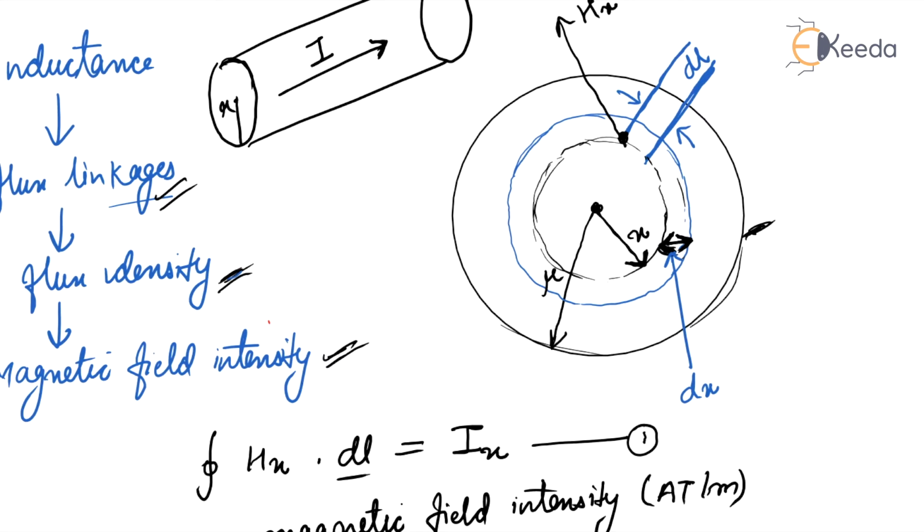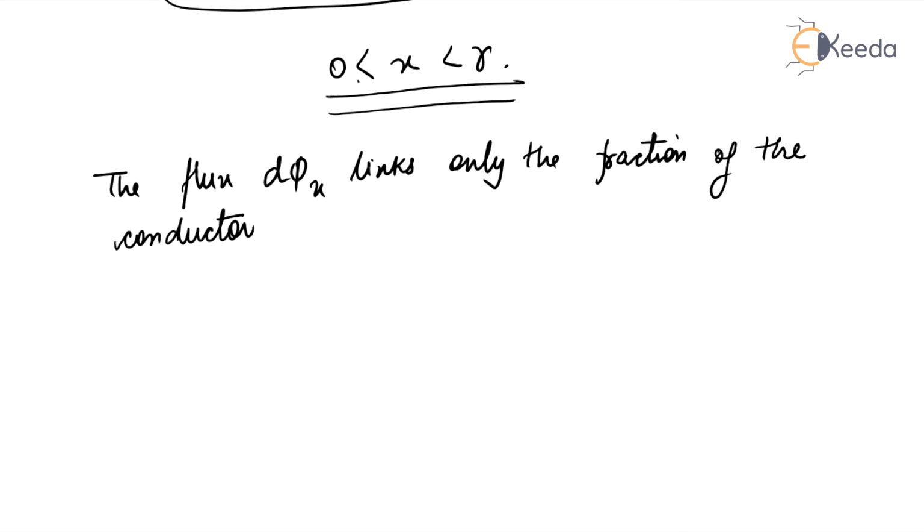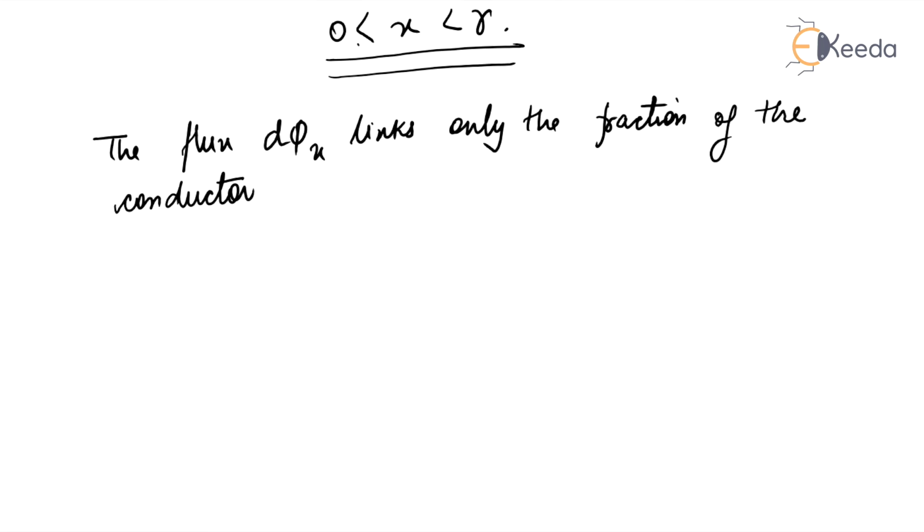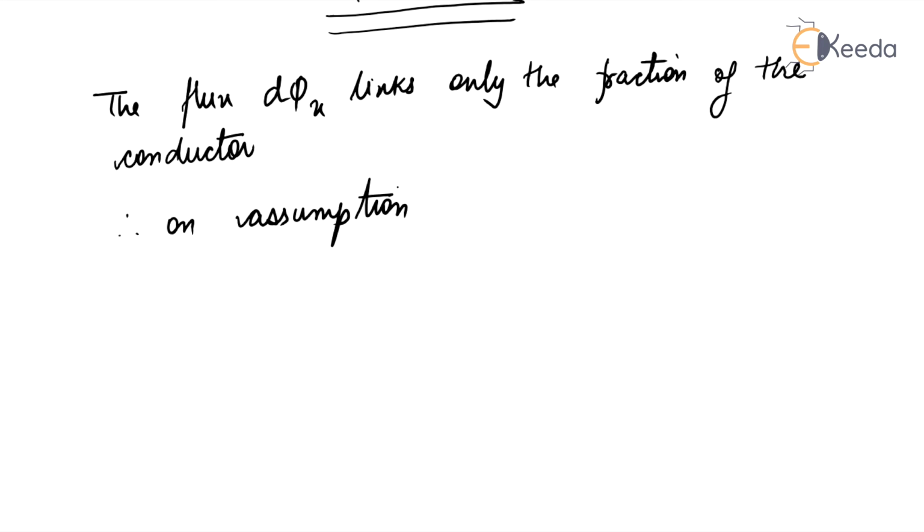That part of current is pi x square upon pi r square. The flux d phi x links only the fraction of the conductor because it is at the distance x. Therefore, on assumption of uniform current density, only the fraction pi x square upon pi r square of the total current.